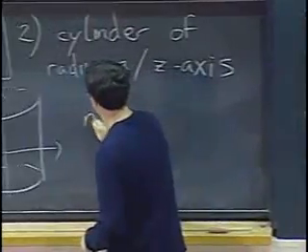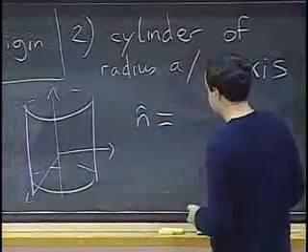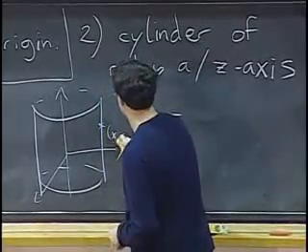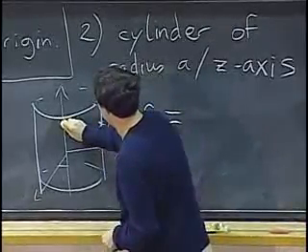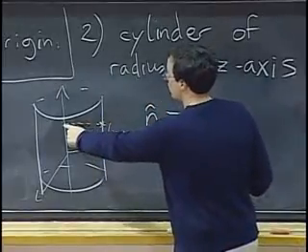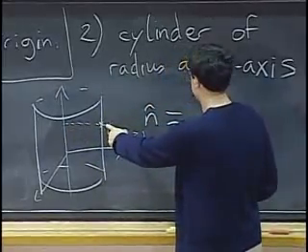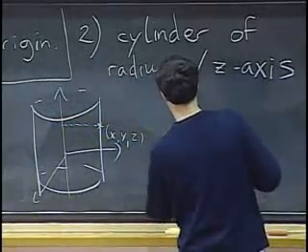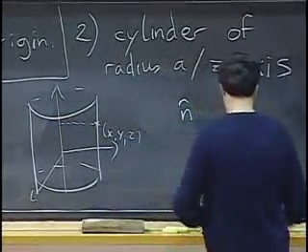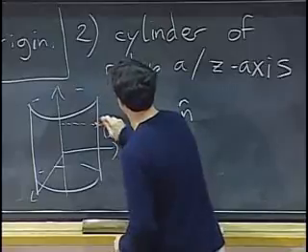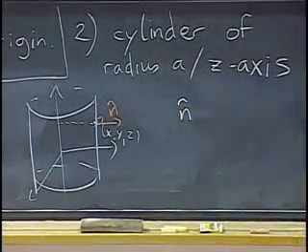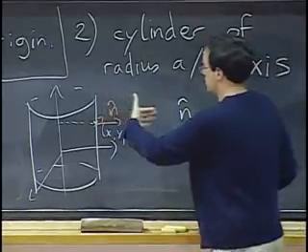So the normal vector for the cylinder: if you have a point here at x, y, z, it would be pointing straight out away from the central axis. So my normal vector, if I'm taking it to point outwards, will be going straight away from the central axis.